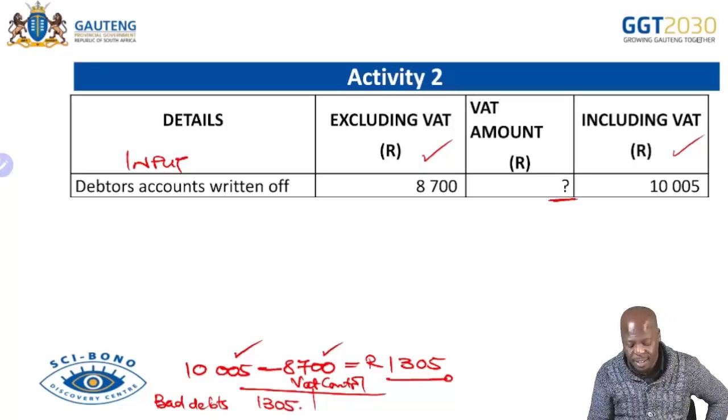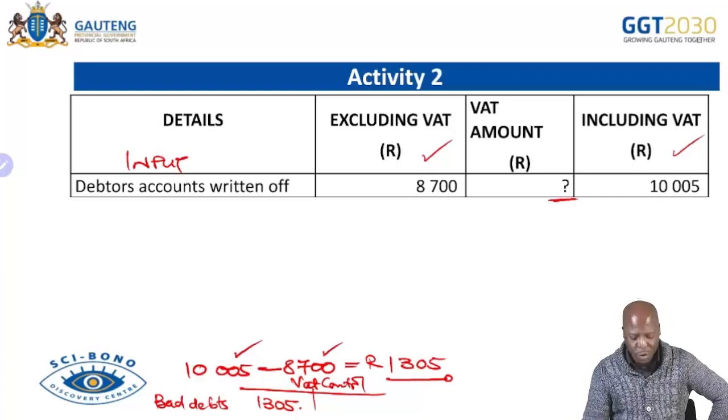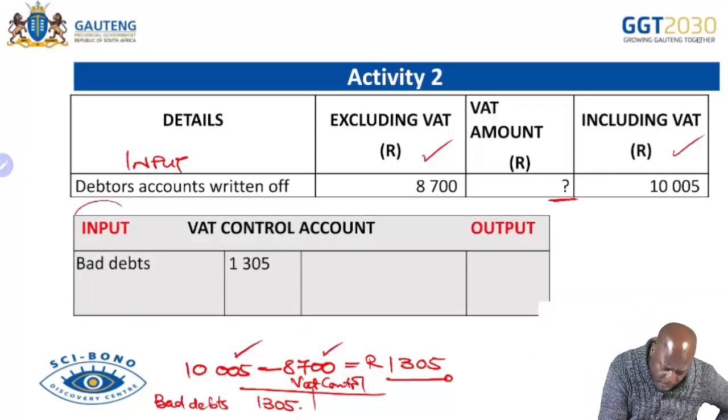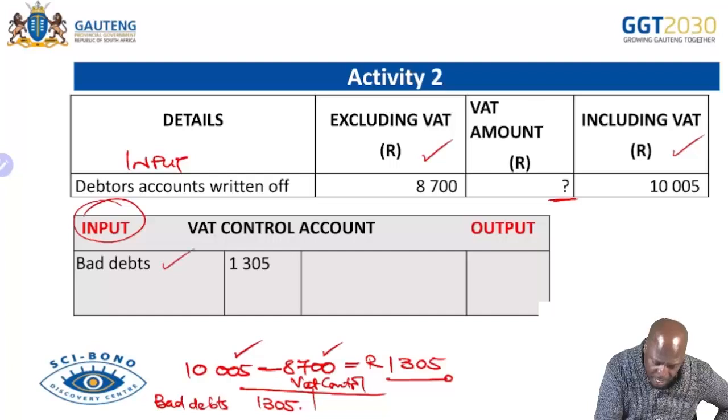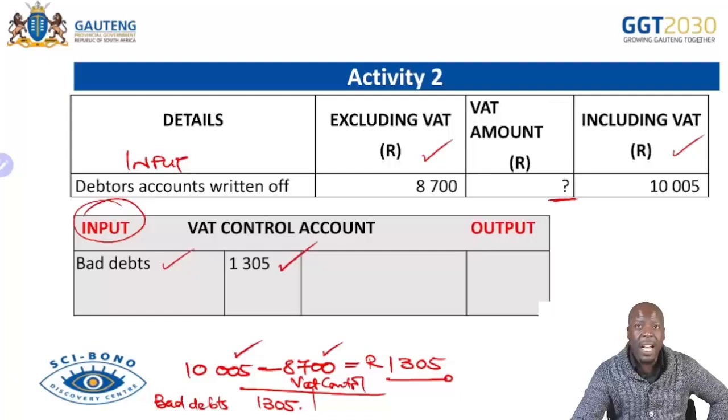This is where my 1,305 would appear on the input. We have already explained why bad debts should be on the input. Now, let's see how it would appear. There is my input and bad debts 1,305.